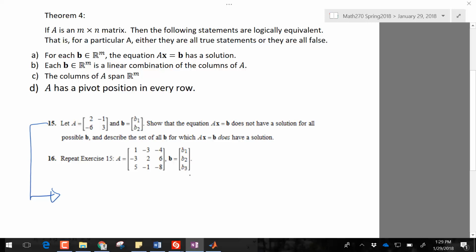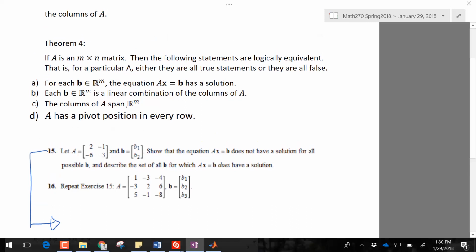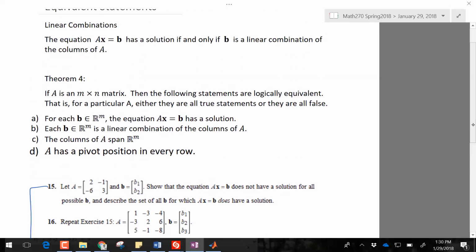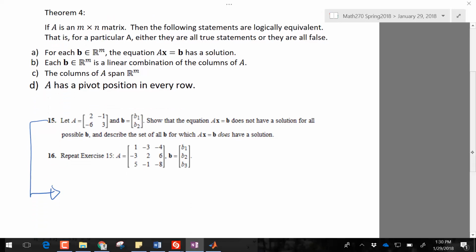I think the task here is to show that there's a certain set of values for b1 and b2 where this is not going to have a solution, and certain values that will have a solution. We're going to see if we can catch that and translate it back from an equation to the idea of a linear combination and the idea of this being spanned.